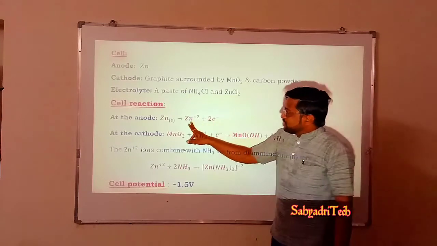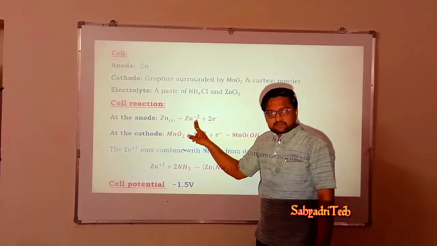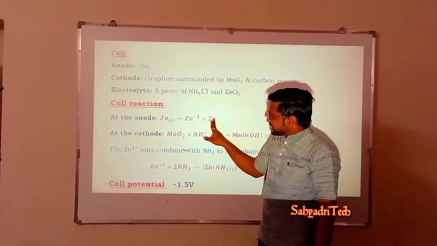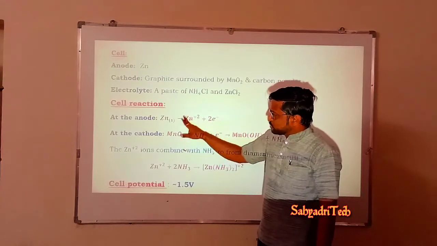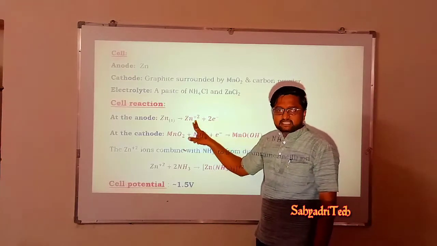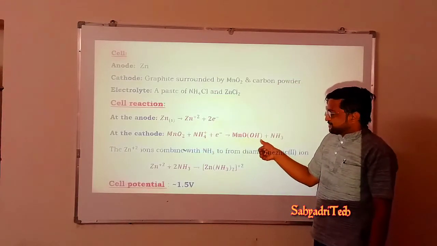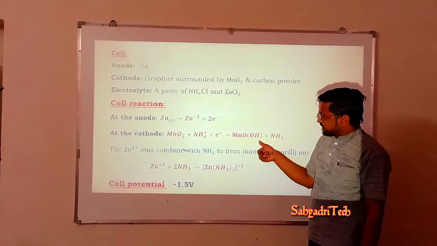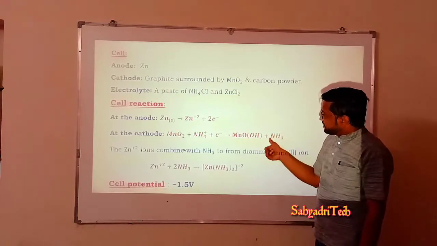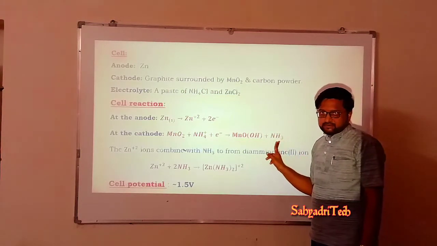So at the anode, Zn2+ ions are present. Electrons are used here, but Zn2+ ions remain. At the cathode, what happens? Manganese perhydroxide is formed. Further, ammonia will be liberated, which is a reactive one.